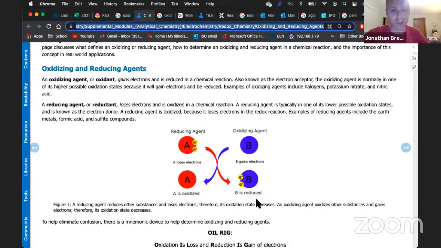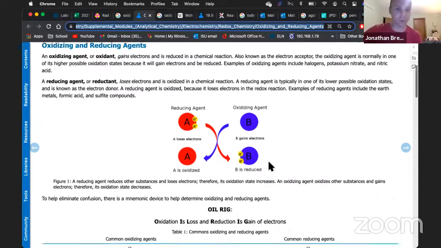And we have something that gets reduced and something that is oxidized. One thing about these past tense words is that they mean something acted on them. So if this is reduced, then something acted on it. So the oxidizing agent is reduced, meaning it gains electrons.